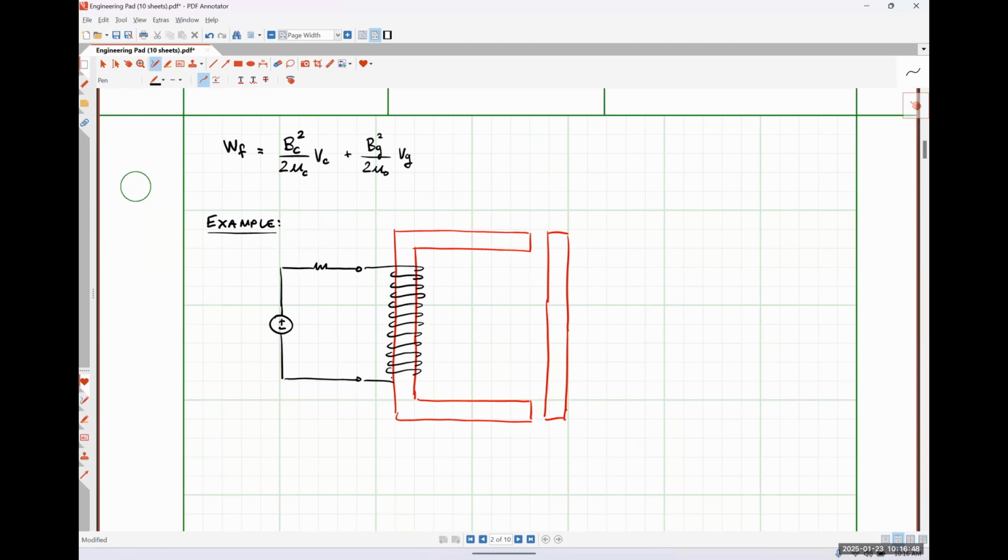Like so. So we've got some number of turns N that I will define here in just a moment.